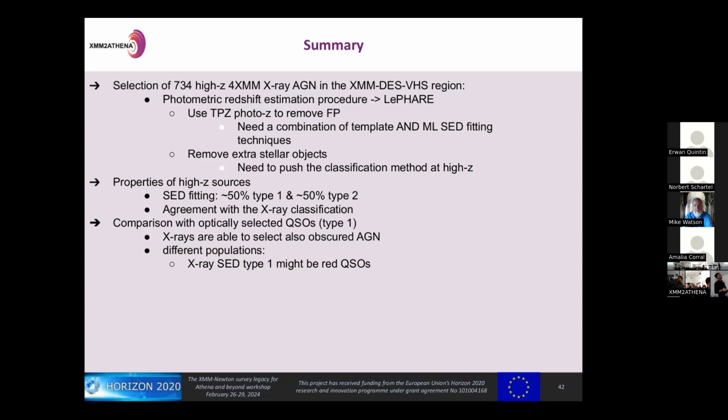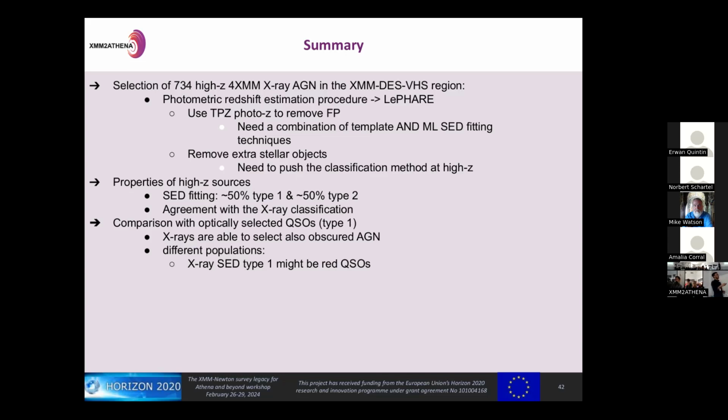And okay, to summarize, yes, we derived some properties of the high redshift sources. We found that half of the population are type 1 and the other half type 2. That agrees with the X-ray classification, but here is something we would like to do: rerun the spectral analysis using the photometric redshift distribution we have.